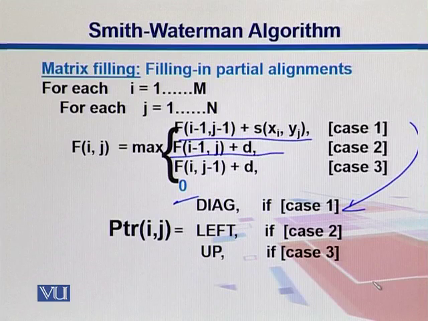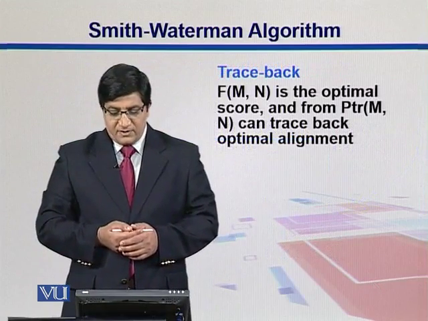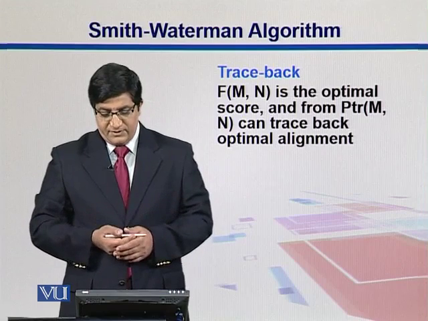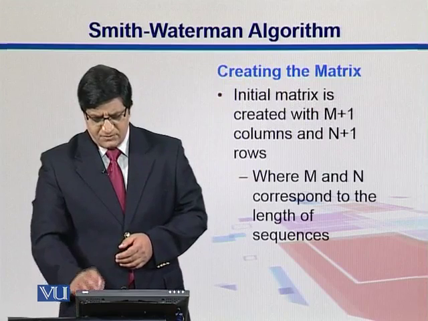Case 2 is where it's coming from the left, and case 3 where it's coming from the top. One more thing we have incorporated is that whenever your score becomes less than 0, it will pick up the 0, because any negative score is less than 0. So F(m,n) is the optimal score, and from the PTR pointer we can trace back the alignment the same way we did in Needleman and Wunsch.